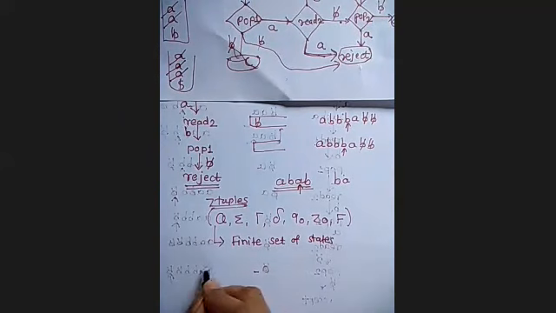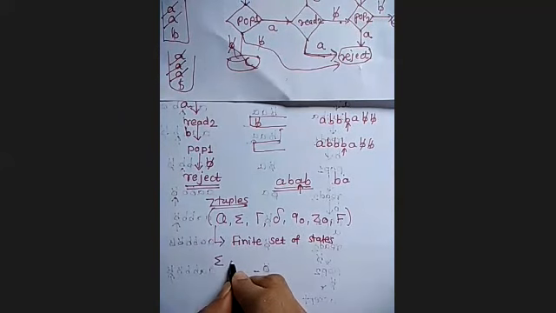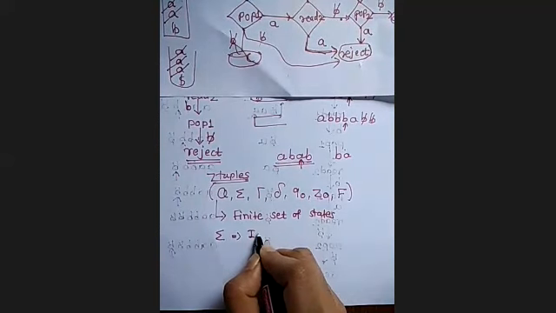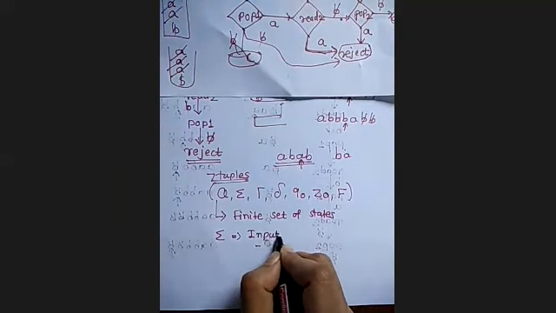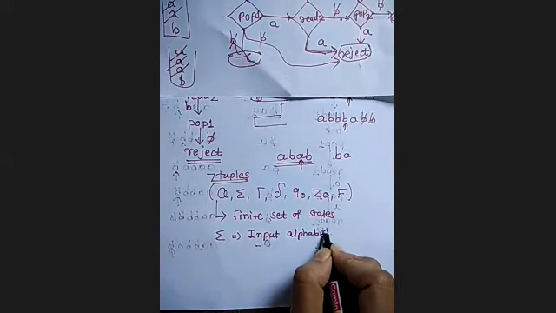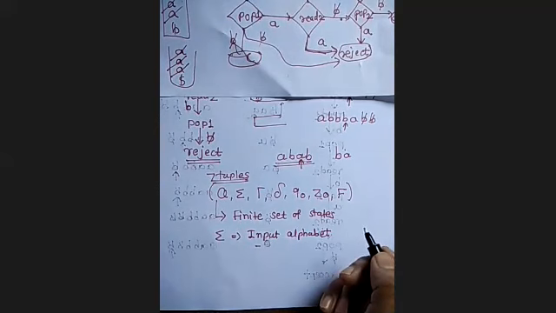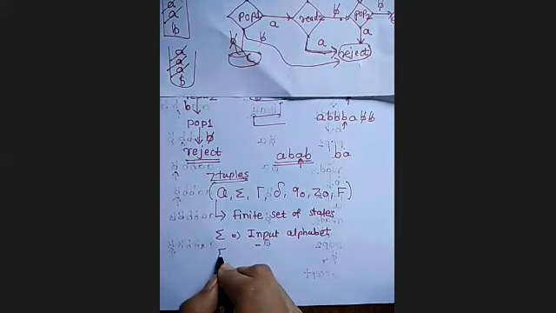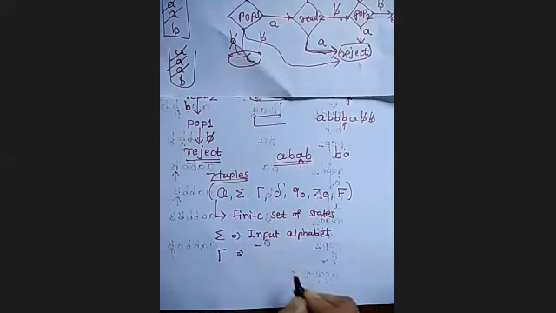What is this summation sign? The summation sign is the input alphabet. It is not a single symbol, it is a finite set of symbols. What is this notation used for?